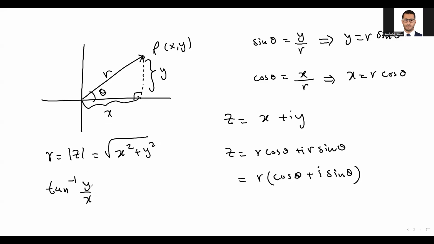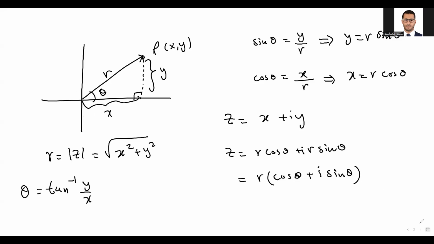We keep in mind that tan is pi periodic, so we need to be careful to see in which quadrant the complex number is located. From here we find theta and r, and from r and theta we can find x and y. So we can switch between the polar and rectangular forms.